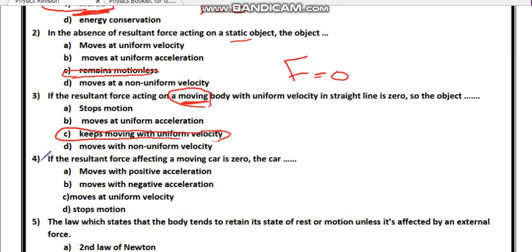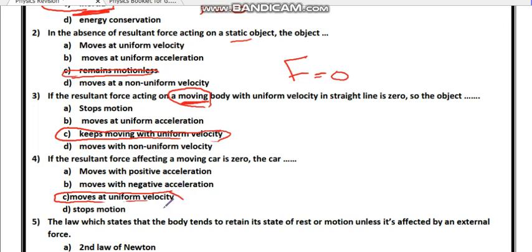The car was already moving. When a car is already moving and the resultant force acting on it is zero, the car will move at uniform velocity, or keep moving at the same speed.